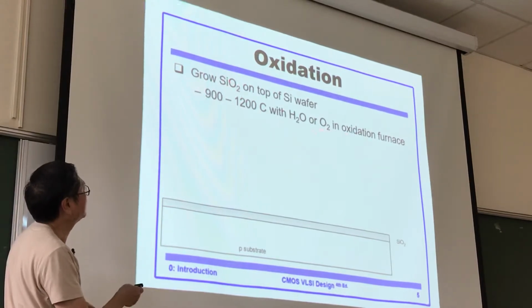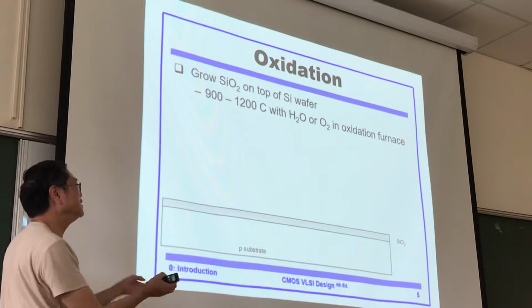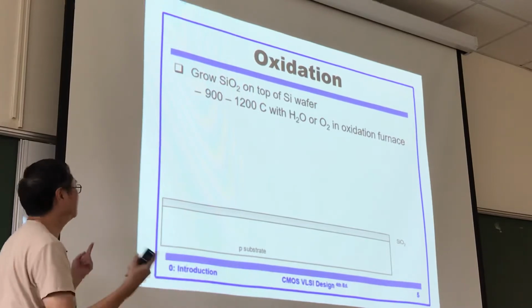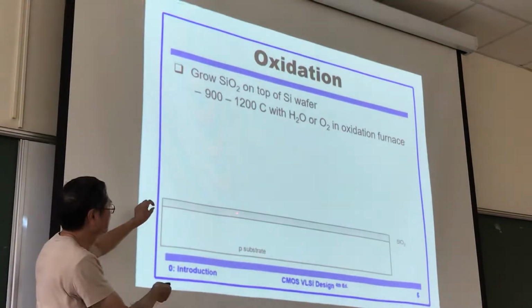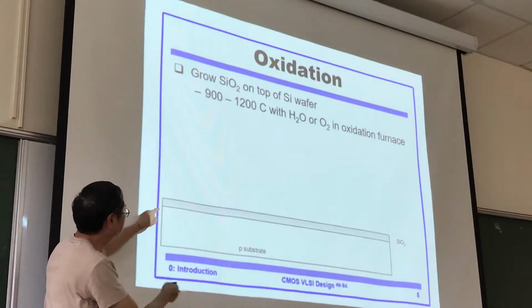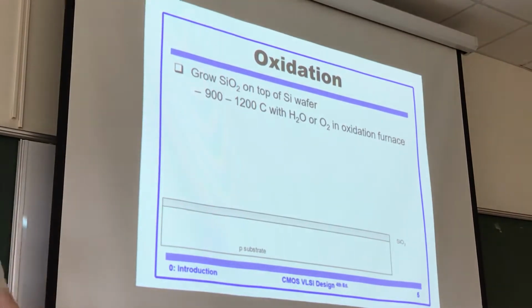SiO2, okay, in the furnace, heated to very high temperature. So that's the SiO2. The silicon goes through oxidation, and we get SiO2, the layer on top.